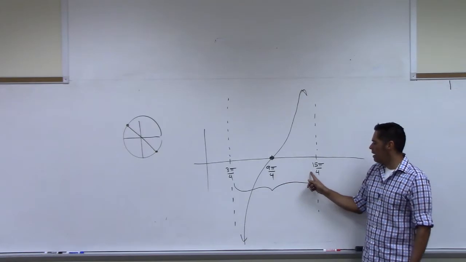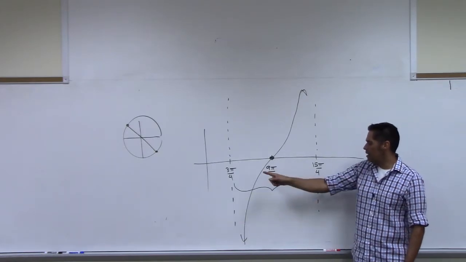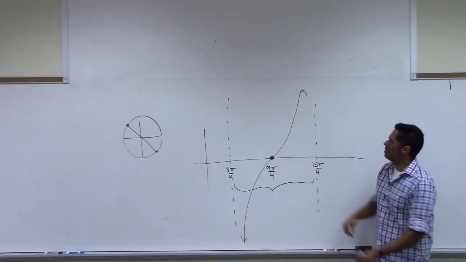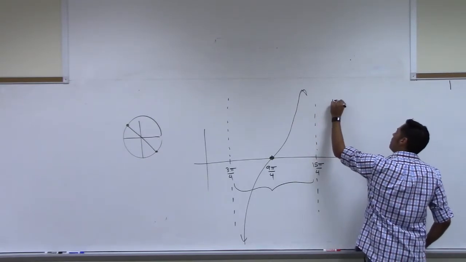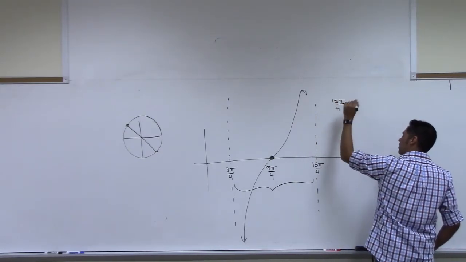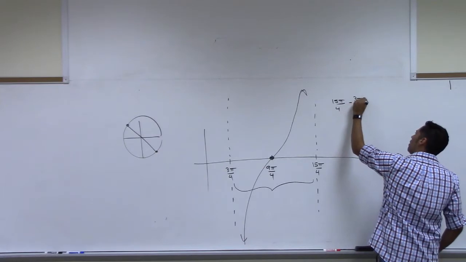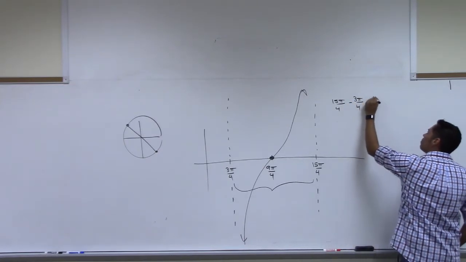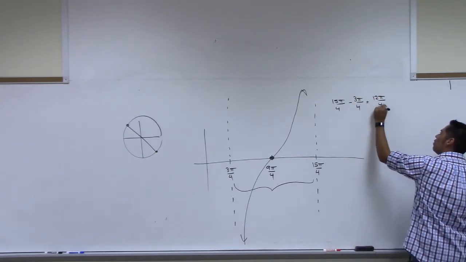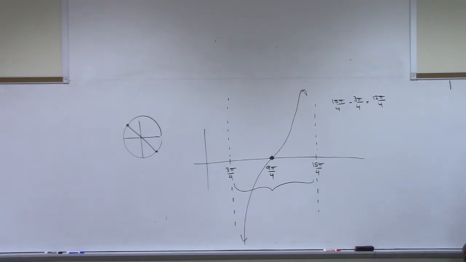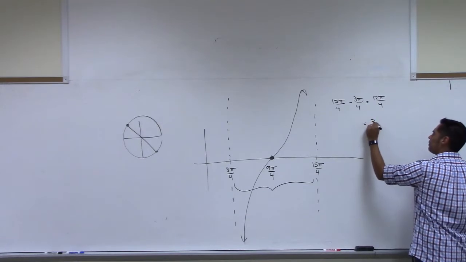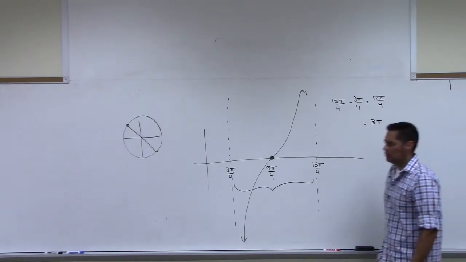What's 15 pi over 4 minus 3 pi over 4? It is 12 pi over 4, right? Yeah. So what is this? 3 pi? Yes?